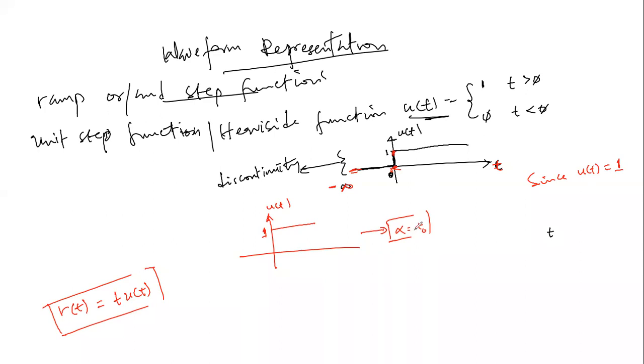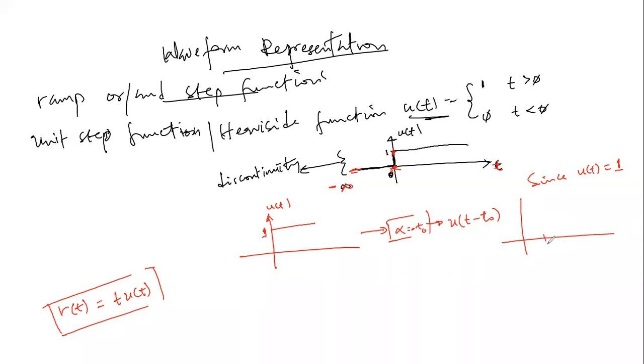Here, in order to achieve time delay, we have a negative parameter, such that we have u of t minus t naught, right? So the output is going to look something like this.